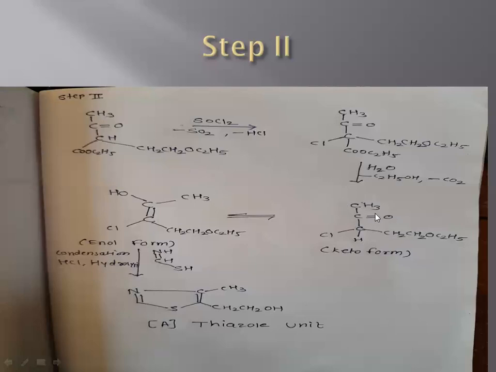That C double bond O is going to convert into OH. One hydrogen will be removed, and that bond will shift in between these two carbon atoms. Because of that, we will get a double bond between those two carbon atoms, and this one is your enol form. Okay, next one.